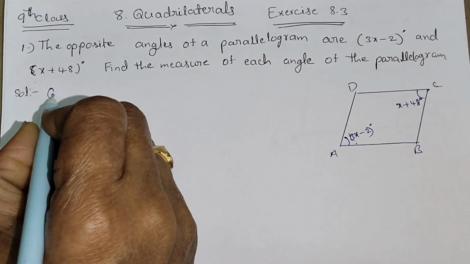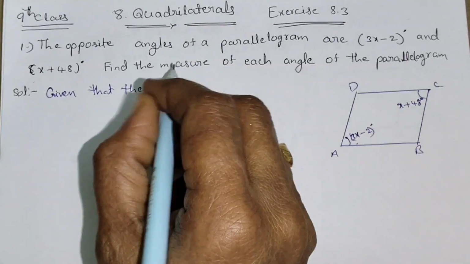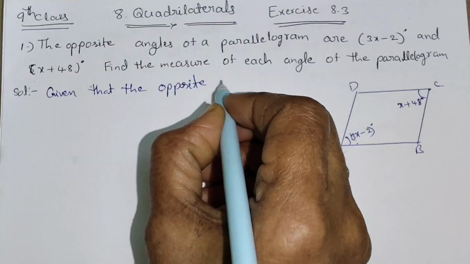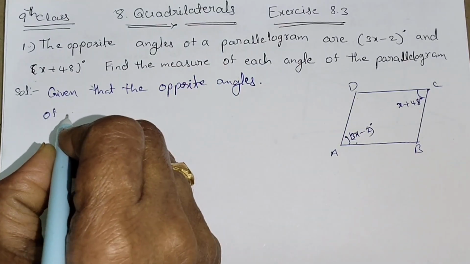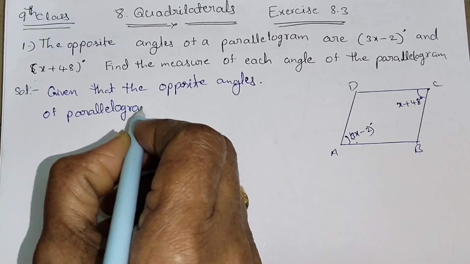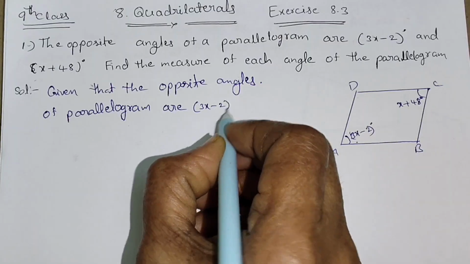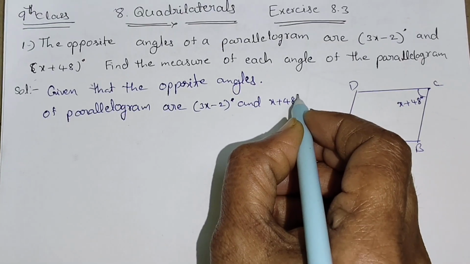So now we write the given: the opposite angles of the parallelogram are 3x minus 2 degrees and x plus 48 degrees.